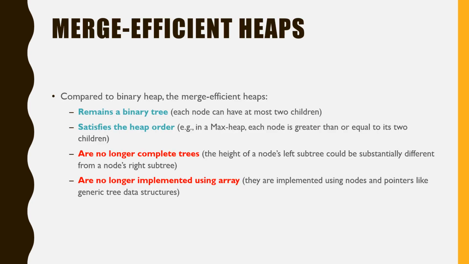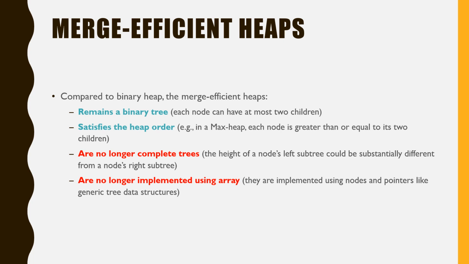Both leftist heaps and skew heaps are variations of binary heaps, meaning that each node has at most two children. They also satisfy the heap order property, ensuring that the best data element is always located at the root.